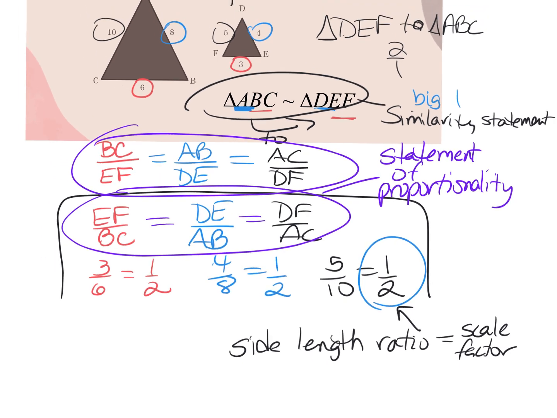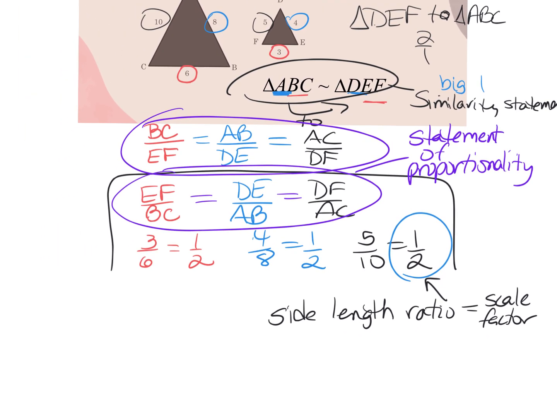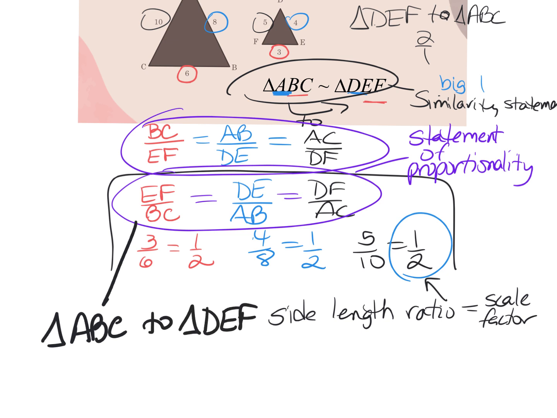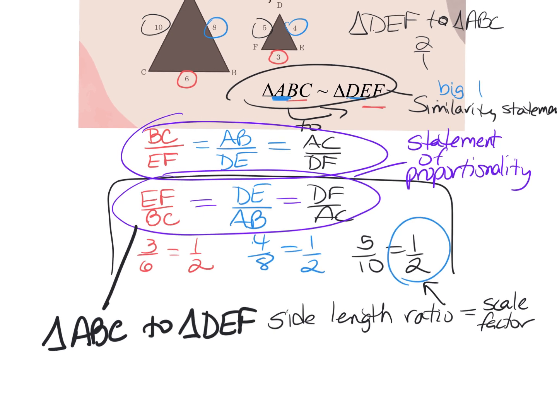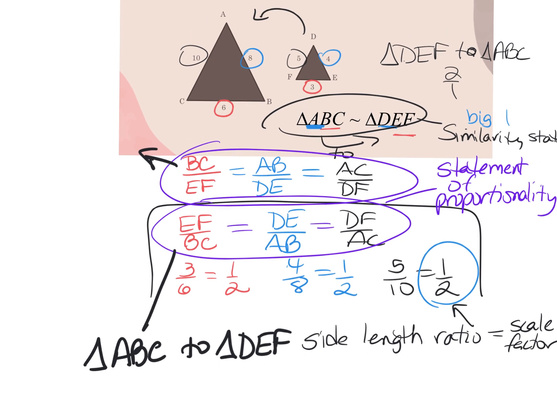If they ask you for this one, this would have been the scale factor from triangle ABC to triangle DEF. And then this one right here, the BC, this would have been if they asked you for the scale factor or the ratio from DEF to ABC. Does that make sense?